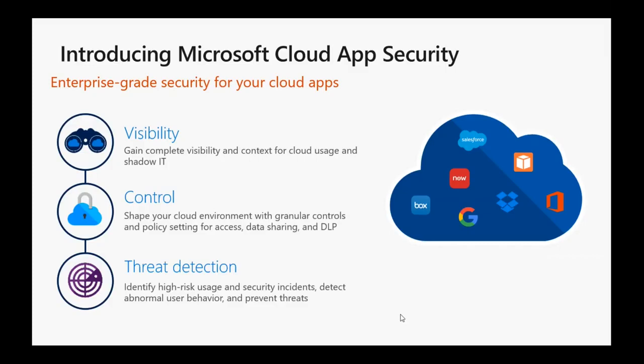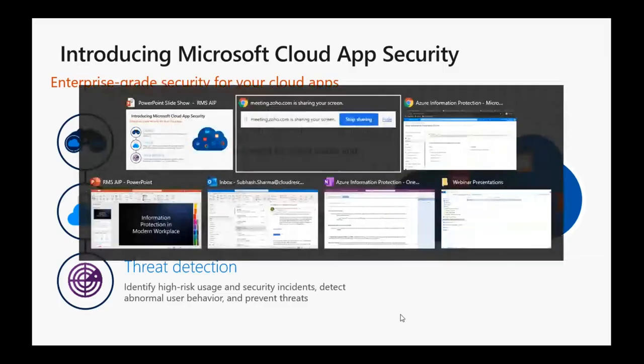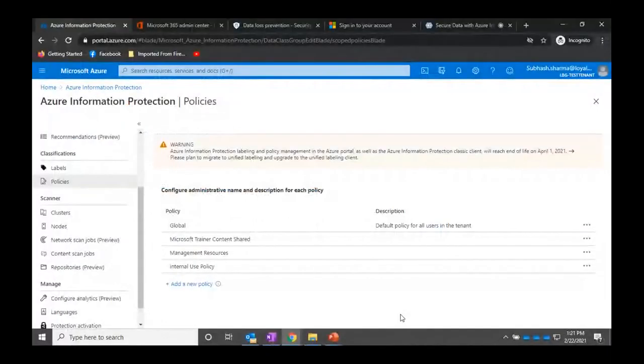Here you gain visibility, you gain control, and once you have control over your visibility, you can understand the threat detection activity and ensure that you deploy policies to govern them. Let's do a quick walkthrough of what we just spoke about.